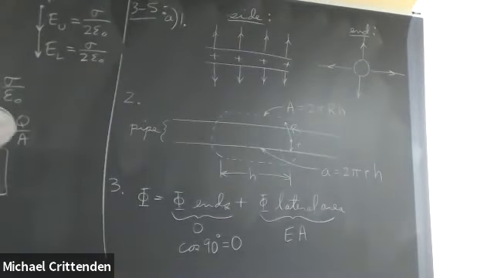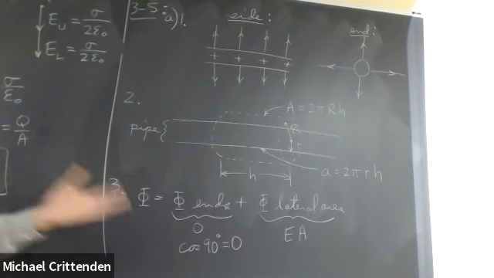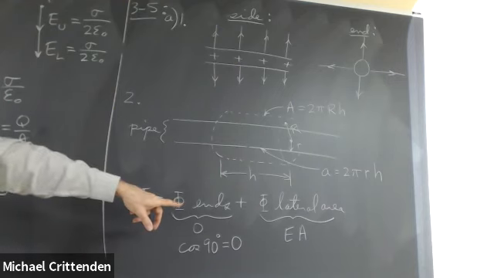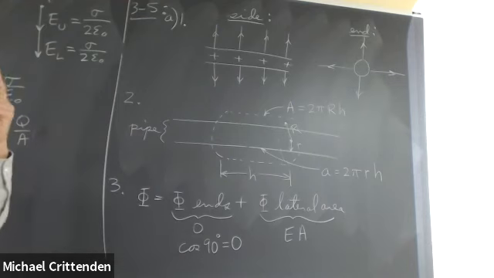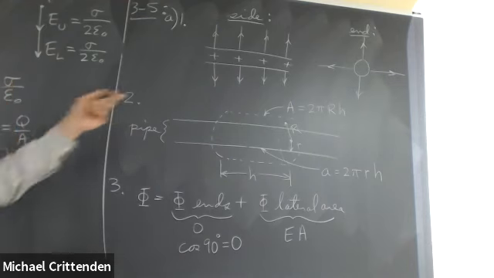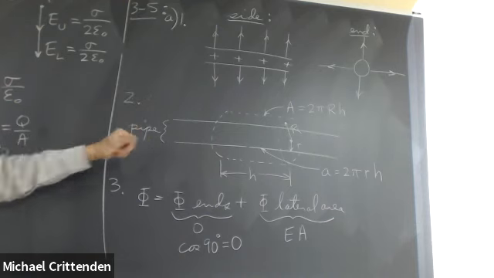For the lateral area, the curved part, what's left after you cut the ends off the can, that would be E times A. The cosine factor equals 1 there. The area vector is parallel to the field lines at each point on the surface.